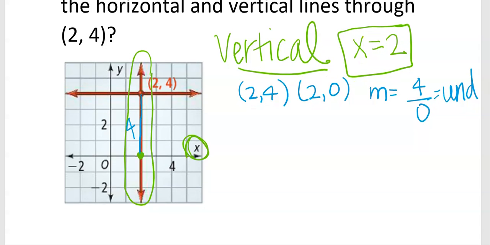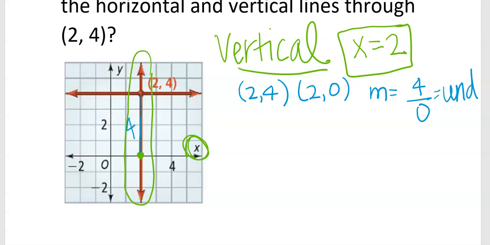So on this one, can we do point slope form if we don't have a slope? Not really, right? Can we do slope intercept form? Does a vertical line cross the y-axis at all? No. So it's always going to be an x equals equation then, and it's an x equals where this thing crosses. So if you try to use the other part, it doesn't really work on this one because it's just a vertical line going through 2.